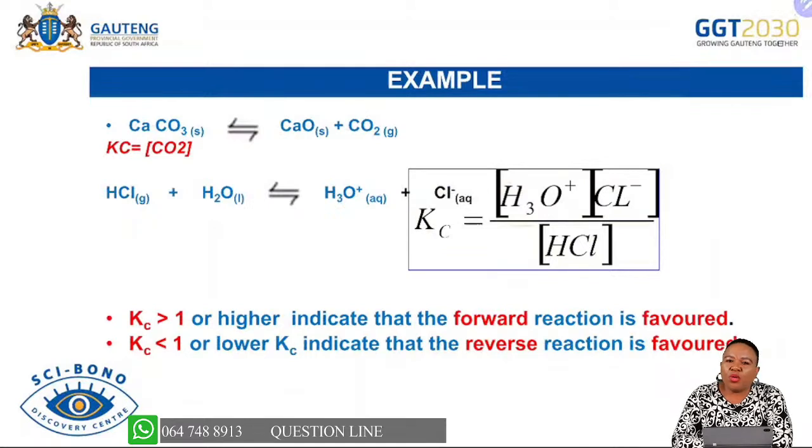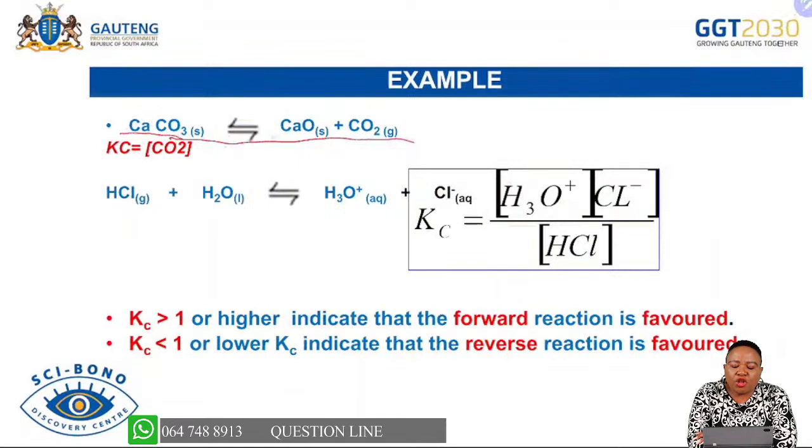You might not start with Kc equals the concentration of the products over the concentration of the reactants, because at that instant you will already know what your products and reactants are. Just like the example here, an equilibrium system where calcium carbonate decomposes to calcium oxide and carbon dioxide.